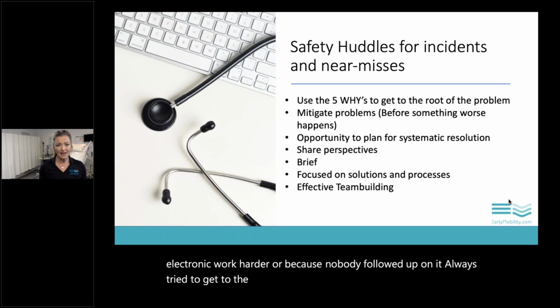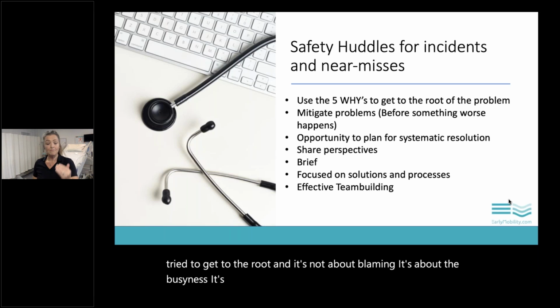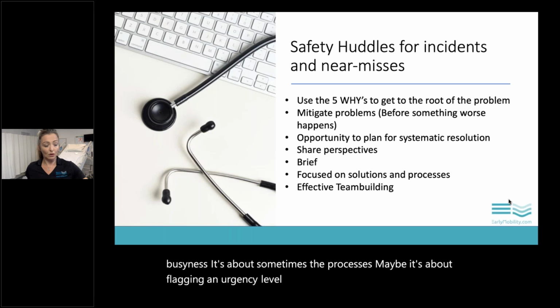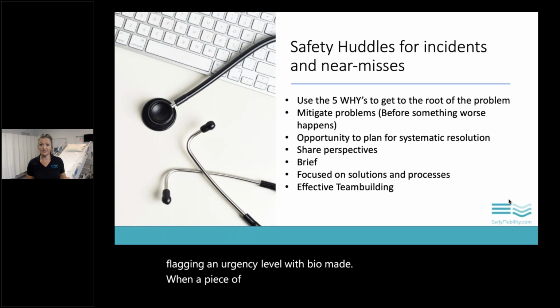And it's not about blaming, it's about the busyness. It's about sometimes the processes. Maybe it's about flagging an urgency level with biomed when a piece of equipment is taken out of service.